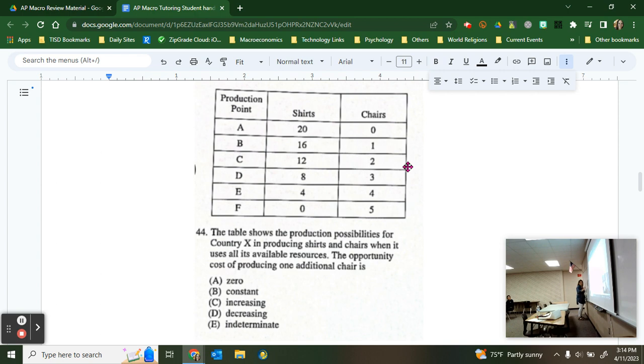So let's put y and x. To go from 4 to 5 x units, you lose 5 y units. To go from 4 to 5, I lose 5.